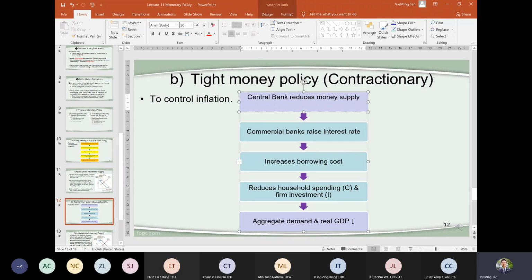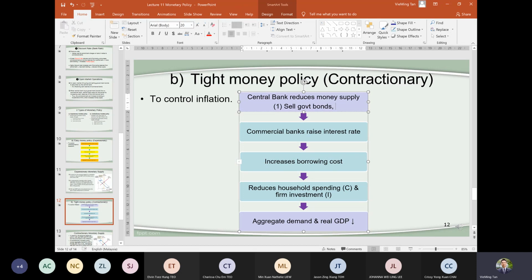The government needs to direct the central bank to sell the government bonds. So the central bank has to sell government bonds.